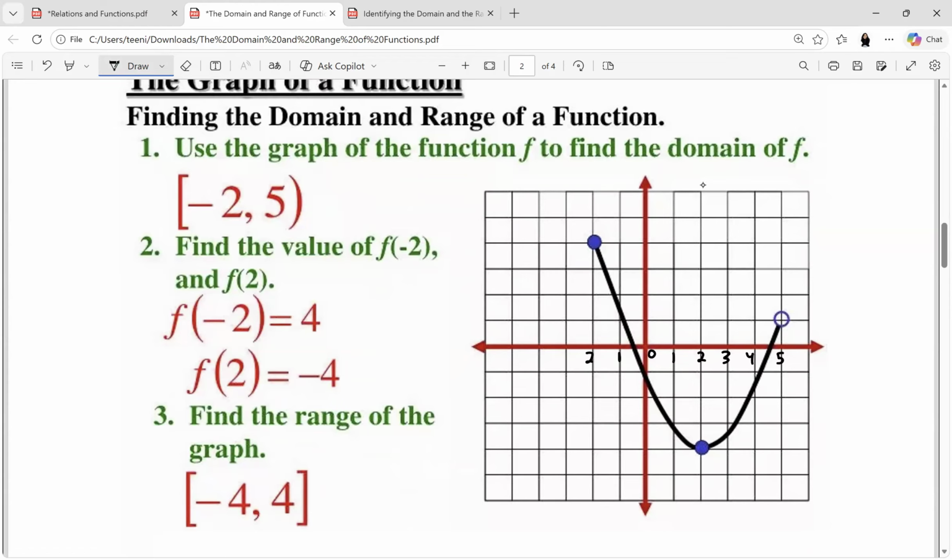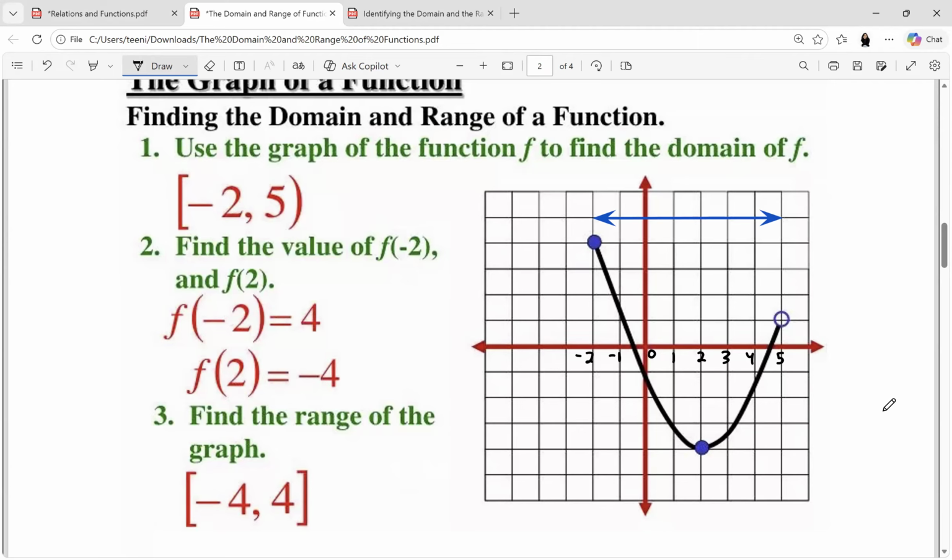So when you're thinking about the domain, we are thinking about what are the x values on this graph, right? So these are your x values on this graph here, from -2 to 5. Oh shucks, why didn't I put in the negative numbers? -1 and -2, right? So your x values here would correspond to -2 and 5, all right?